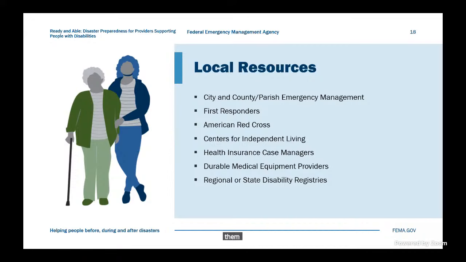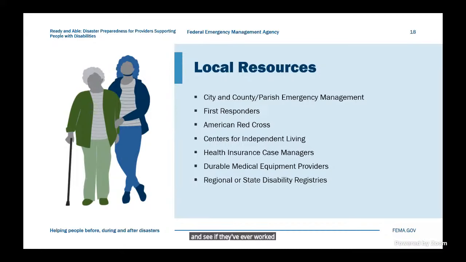So I've worked with some chapter branches of the National Federation of the Blind. If this is a topic that interests you, you can discuss it with any blind organizations you're involved in and see if they've ever worked with any emergency management agencies on this topic.